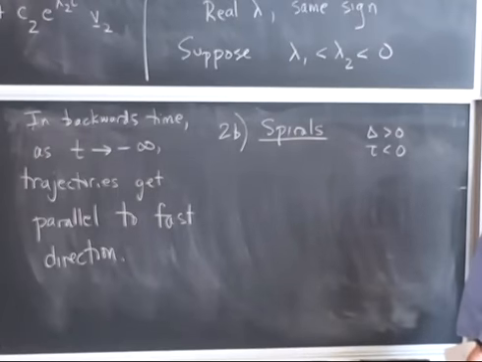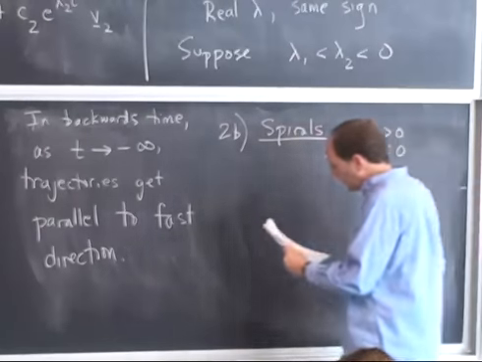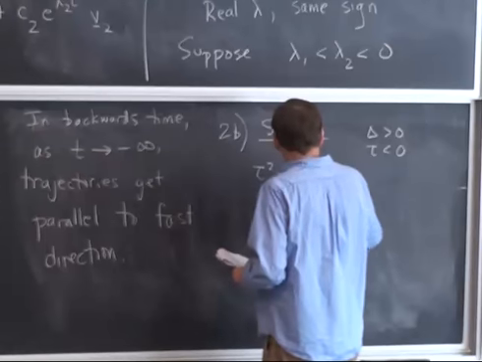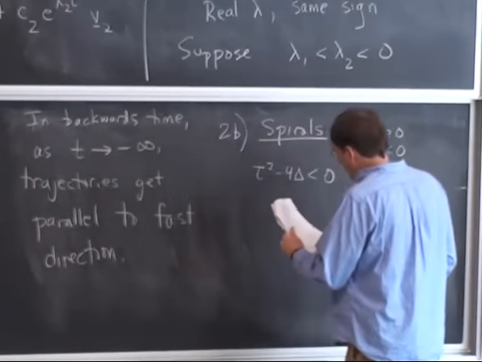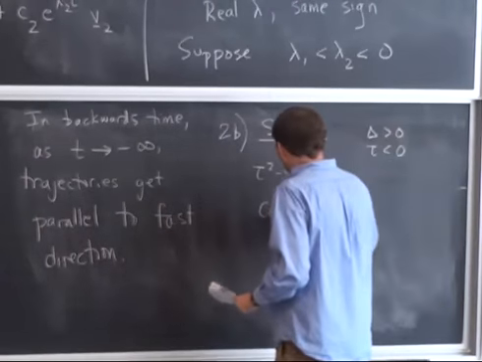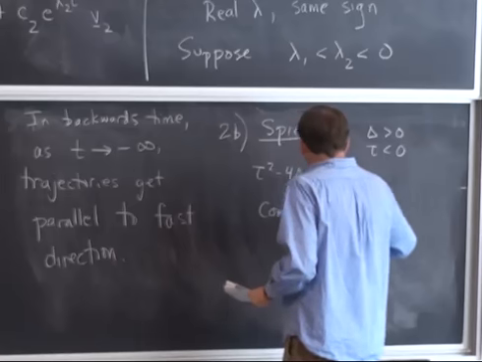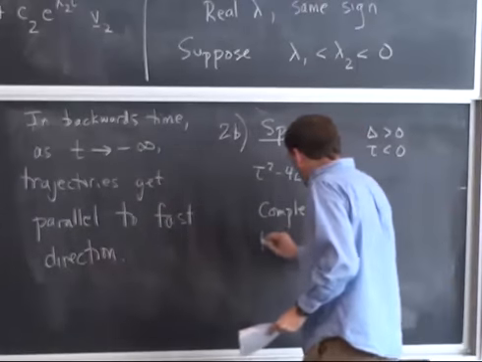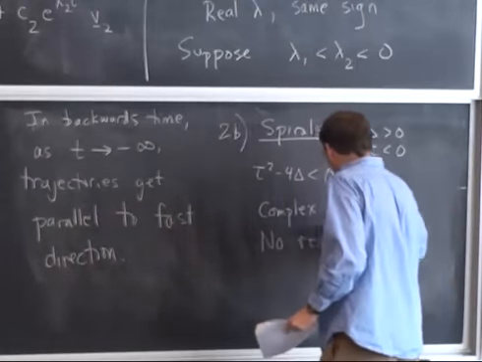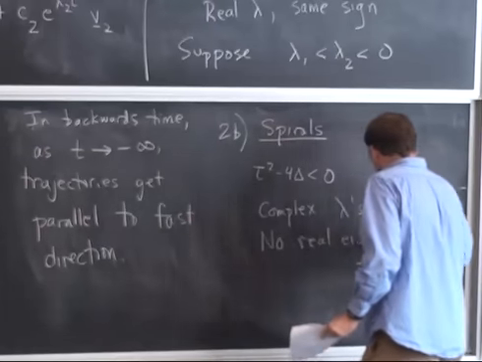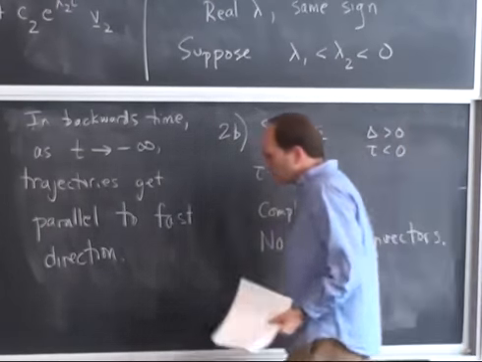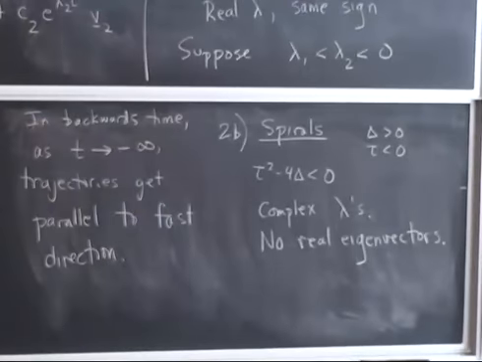This is fine, but then let's suppose that tau squared minus 4 delta is negative. So now we have complex roots, complex lambdas. And there are not going to be any real eigenvectors. We're not interested in complex eigenvectors as far as the phase portrait.